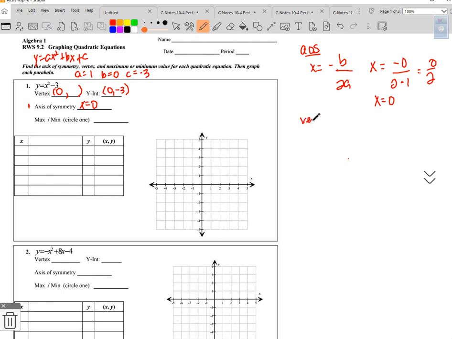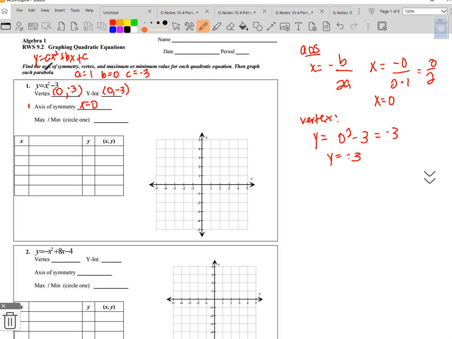So now for our vertex, we already have the x here, so we need the y. The y equals 0 squared minus 3. 0 squared is 0, minus 3 is -3. So now we know that y of our vertex is -3. So that goes in this spot.